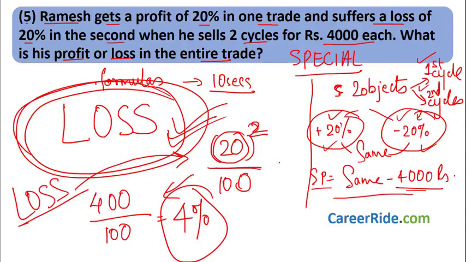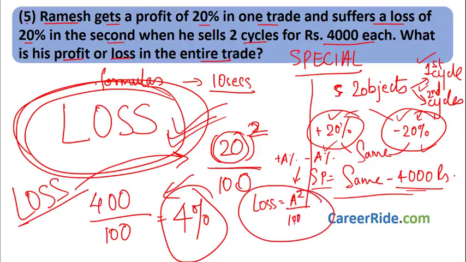So let us say if the person gets a% profit and a% loss, and the selling price is same, then the loss percent is given by a square upon 100. Simply square the percentage and divide by 100 and you will get the percentage loss in the entire trade.